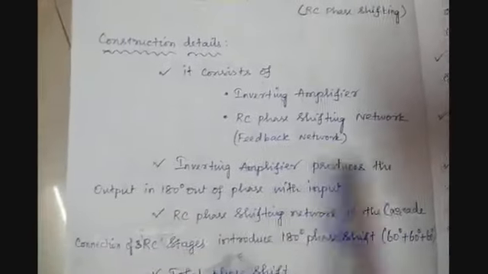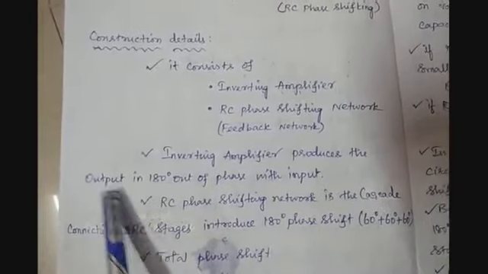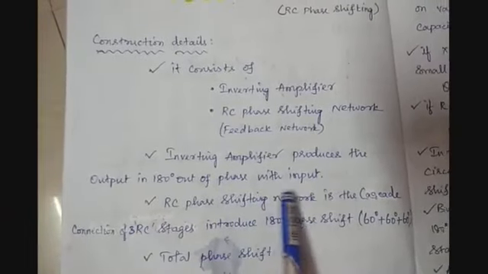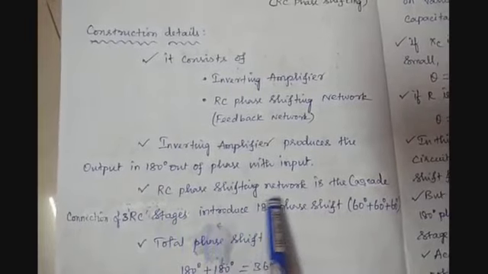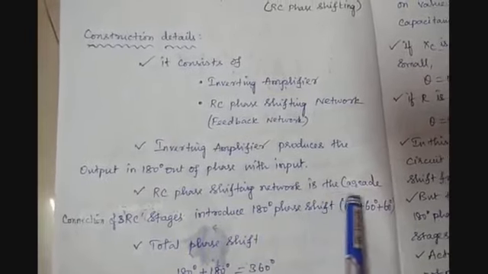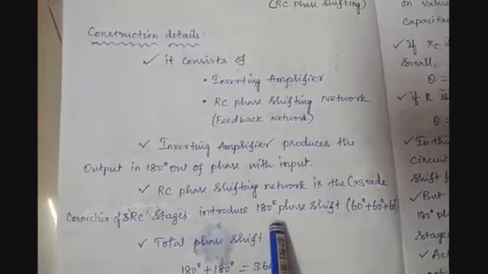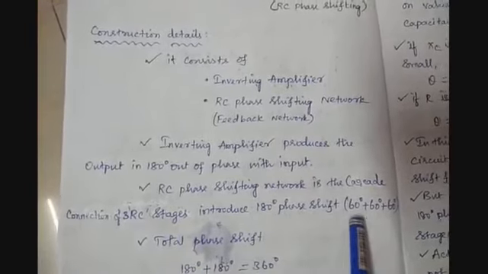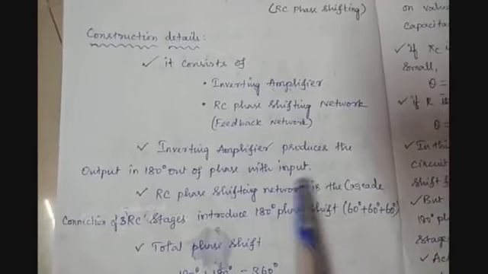Construction details: it consists of an inverting amplifier and an RC phase shift network, which is the feedback network. The inverting amplifier produces output 180 degrees out of phase with the input. This we know already. The RC phase shift network is a cascade connection of three RC stages introducing 180 degrees phase shift, like 60 degrees plus 60 degrees plus 60 degrees.